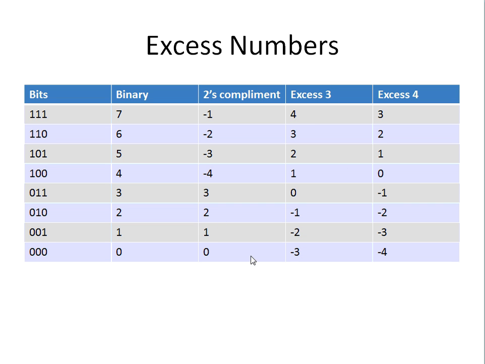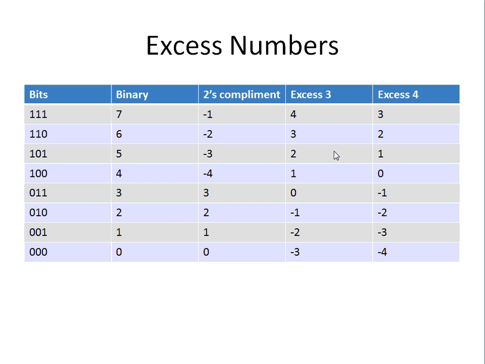So -3 plus 3 for excess 3 code is 0, so you store 0. -2 plus 3 is 1, so I store 1. -1 plus 3 is 2, I store 2. 0 plus 3 is 3, so I store 3. 1 plus 3 is 4. 2 plus 3 is 5, 3 plus 3 is 6, 4 plus 3 is 7. But it gives us a nice code.